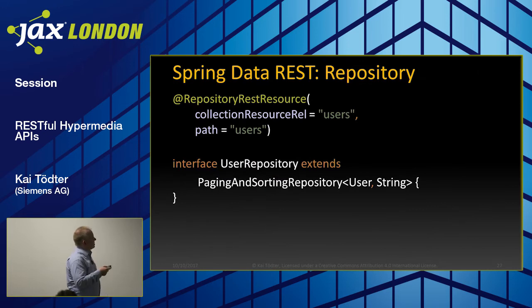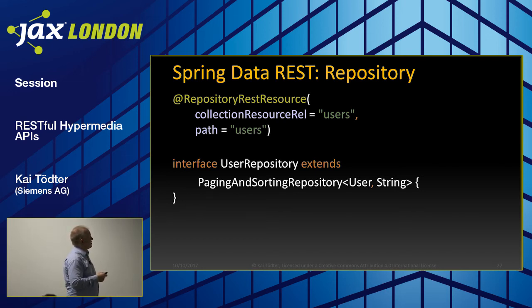So if we have in this case a user using Spring Data REST, we need a kind of container or repository where we can create users, get a list of users, delete users, and so on. And Spring Data provides us with the repository interface.